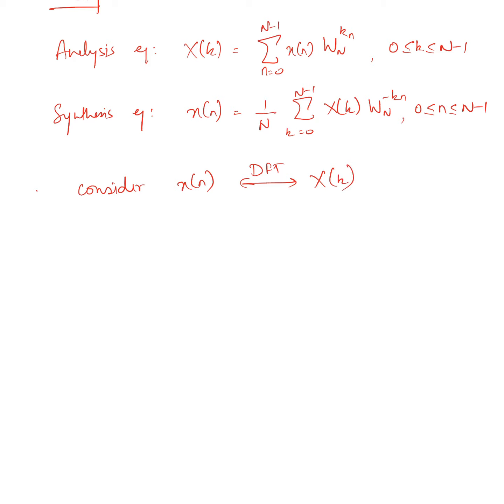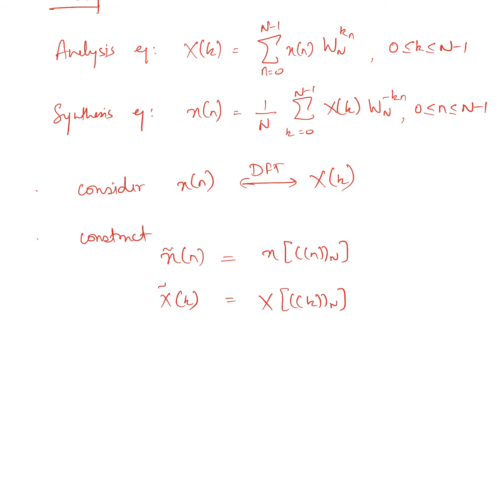Okay, so given this information, first of all we shall construct the periodic sequence, that is x tilde of n, which would be equal to x of n modulo N, and your X tilde of k would be equal to X of k modulo N.